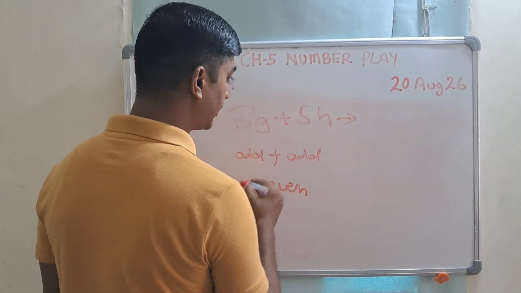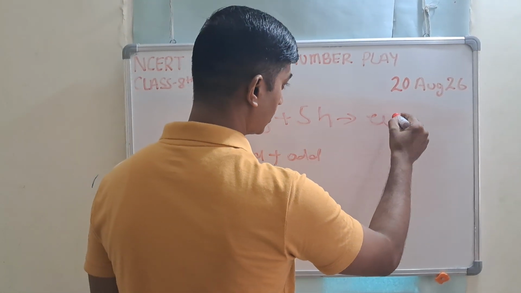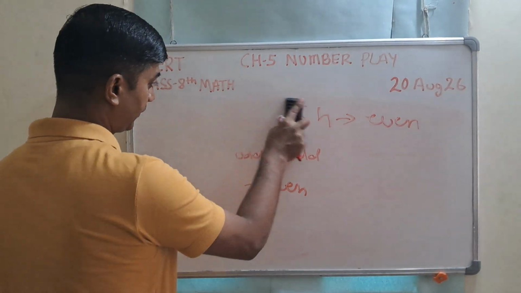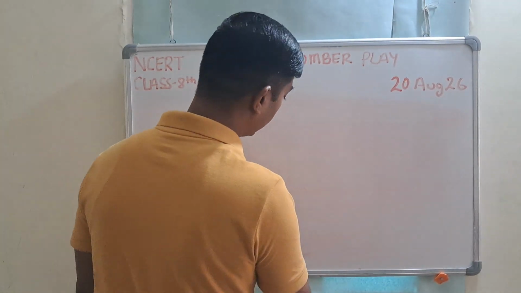So this expression will always give you an even result, which is a multiple of 2 or perfectly divisible by 2.